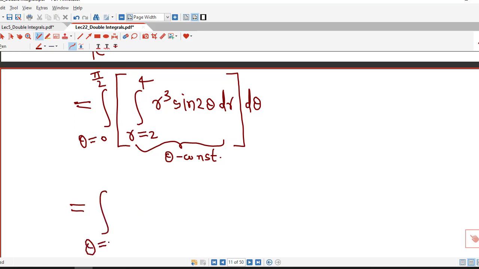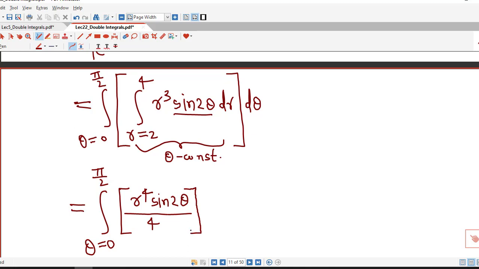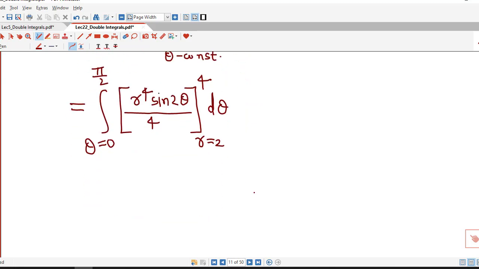Here theta is from 0 to pi by 2. Theta is constant, so sine 2 theta is also constant, and the integral of r cube is r raised to 4 divided by 4. So we keep sine 2 theta as it is, and the limits of r are from r equal to 2 to r equal to 4. Now we substitute values of r.